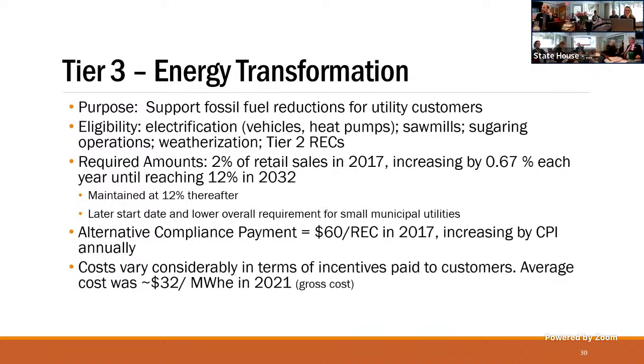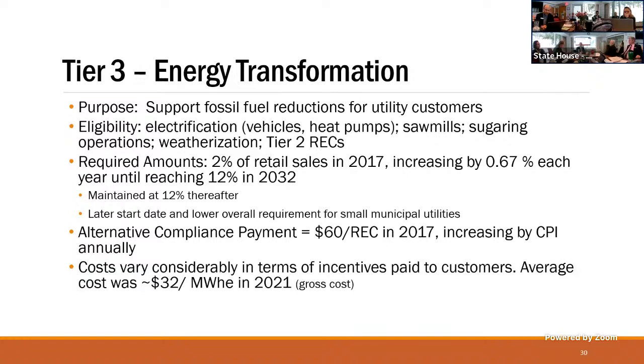This cost ultimately translates to about the same type of cost as tier 2, around $30-something a megawatt hour. But that's offset by the electric revenues that are generated by more electric sales, to the extent utilities are electrifying.